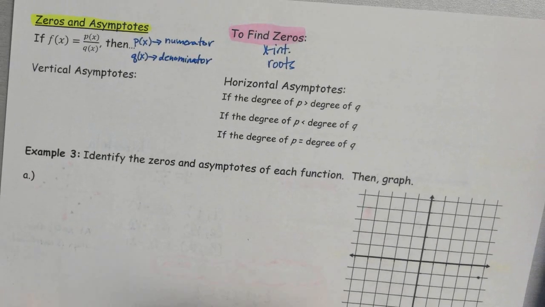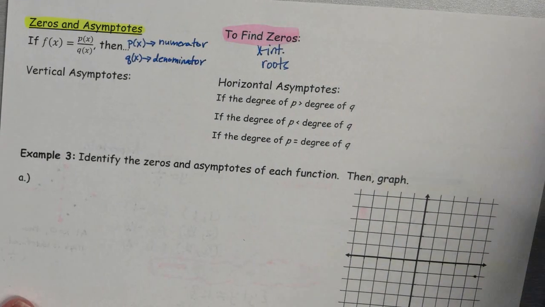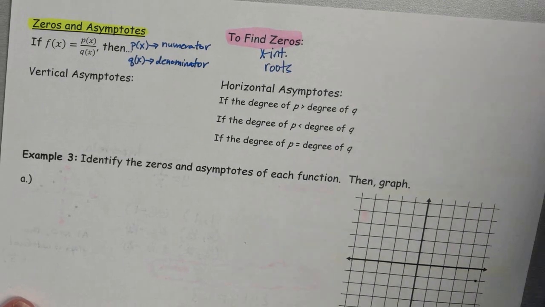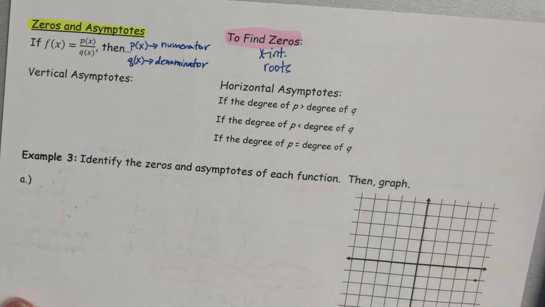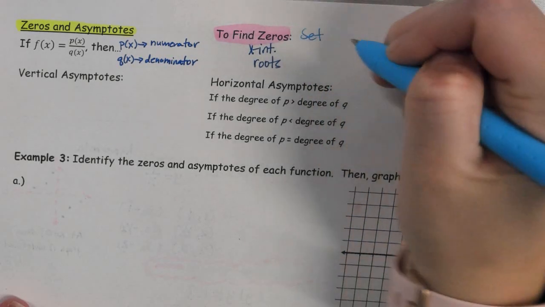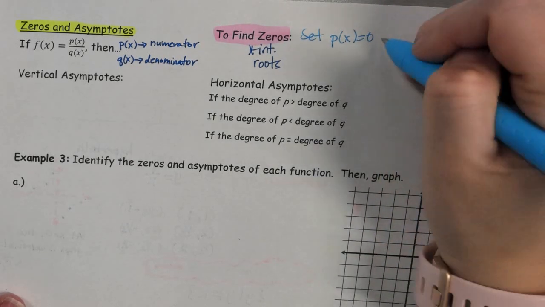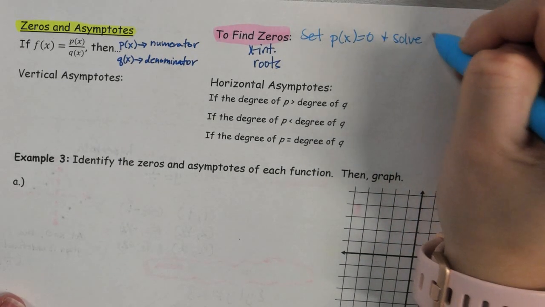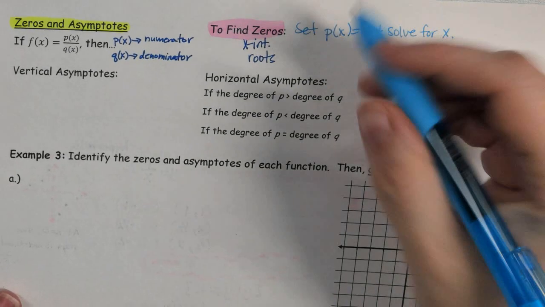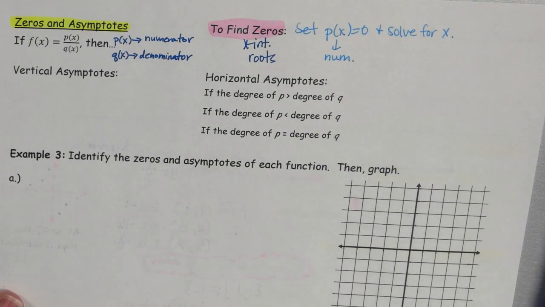For example, to find the zeros, all you have to do is set the numerator equal to 0. In the book you'll see it say set p of x equal to 0 and solve for x. By p of x, they just mean the numerator. If you want to put a little abbreviation there to help you remember, you can.